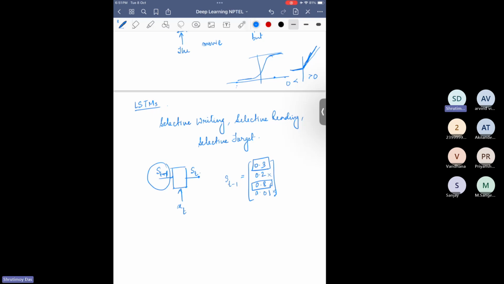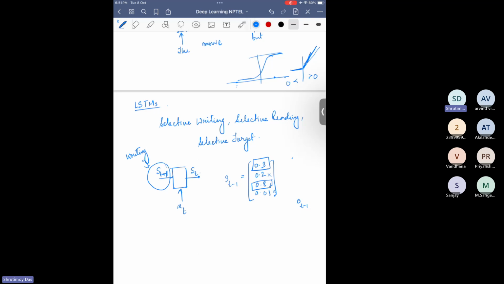So you are selectively writing onto st minus 1, and you want to remove some things. There you use some vector or some gate called ot minus 1, the output gate of t minus 1.